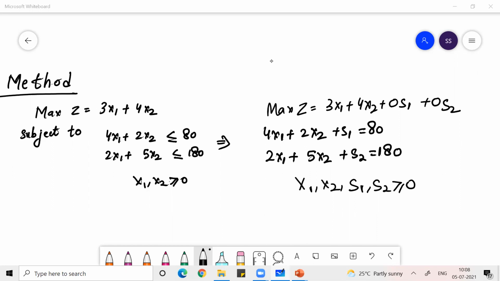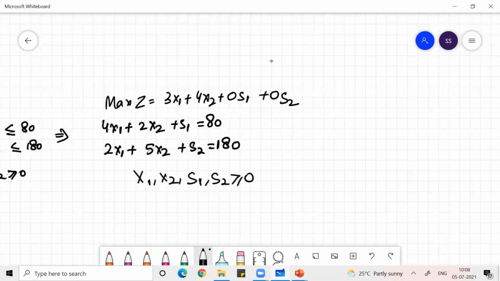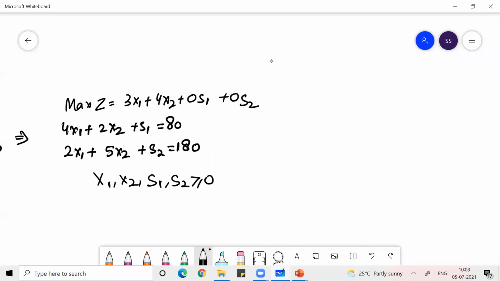Once you have understood this, now we try to solve the given problem. Our objective is to solve this given problem. So how can we solve it?